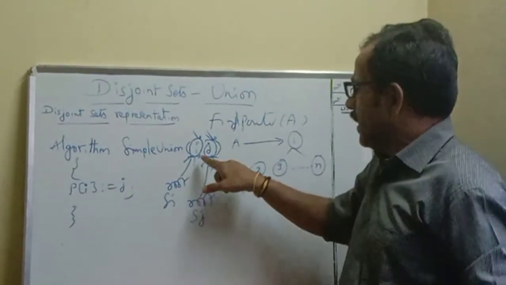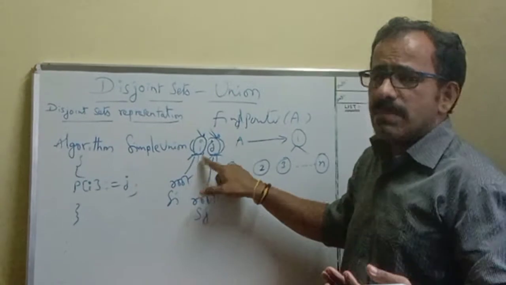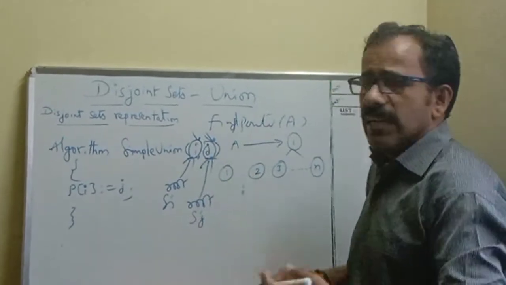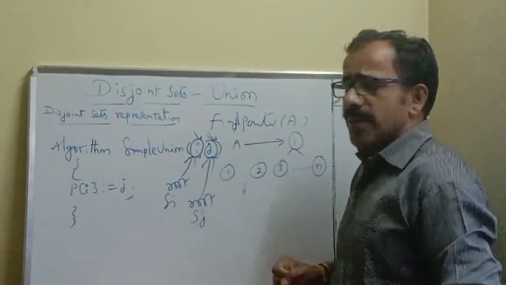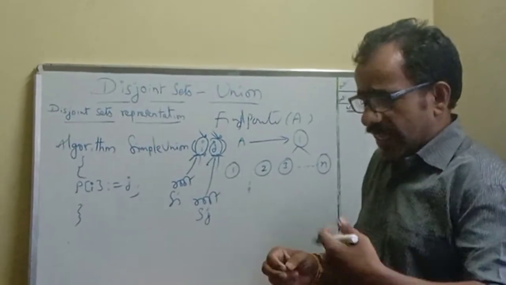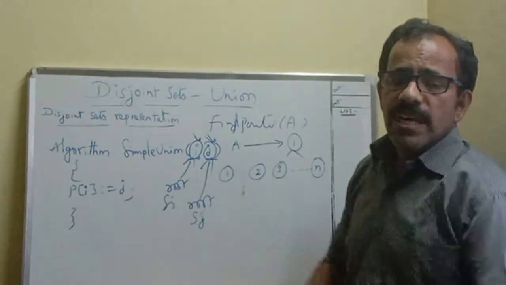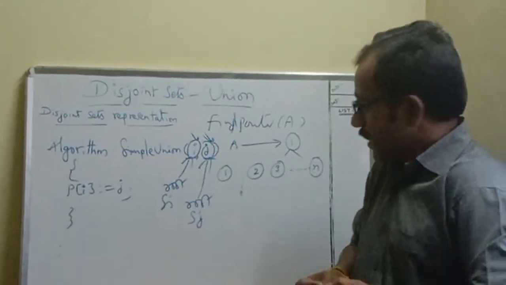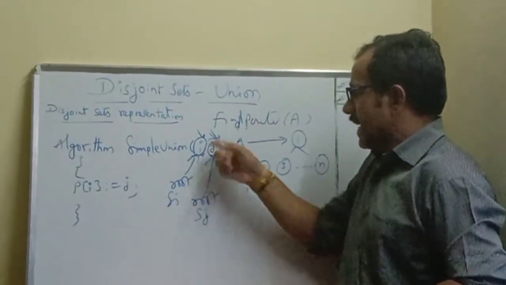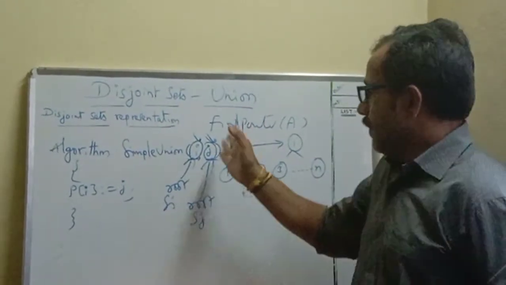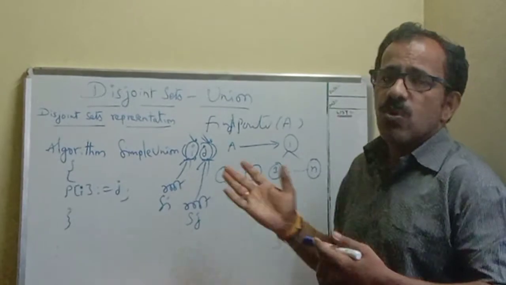Normally we would require the first set name and second set name, but here we converted the convention, because we converted all the sets into their equivalent tree structure formats. So instead of sending Si and Sj, we can directly send the root node of the first tree and the root node of the second tree.